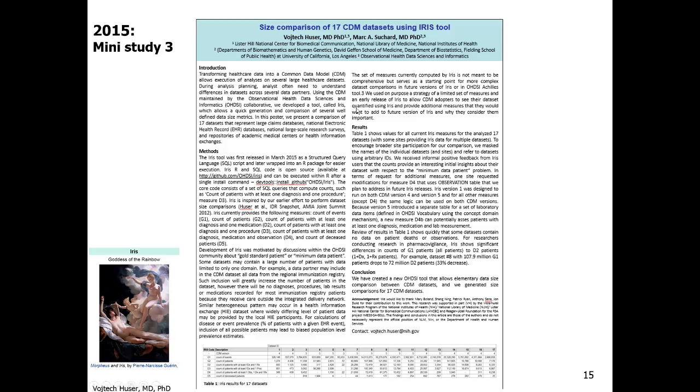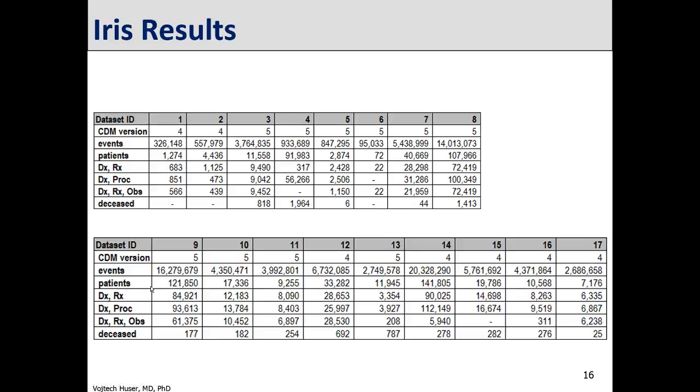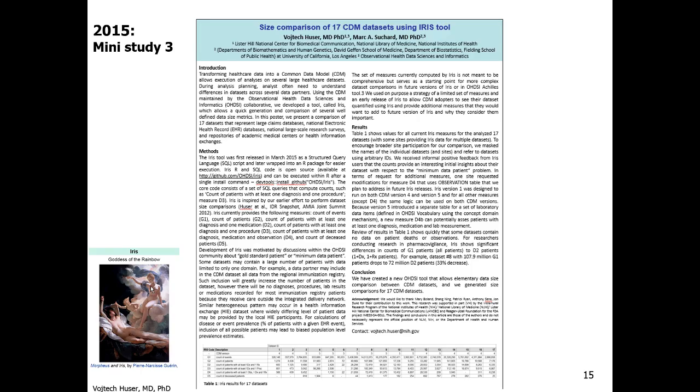So I was able to compare 17, and one has to come up with a Greek type of name. So the name Iris stands for a goddess of the rainbow. And it doesn't have a meaning in terms of acronym. It was just selected so that I finally go with a female name rather than an all-male name.